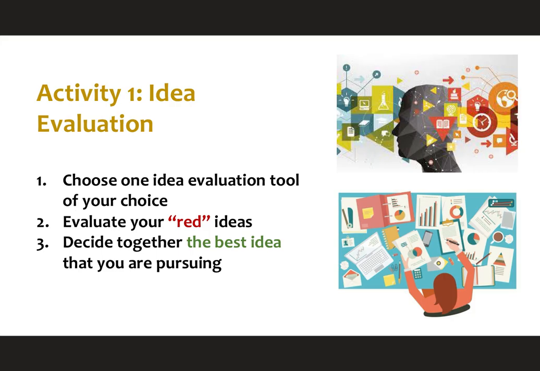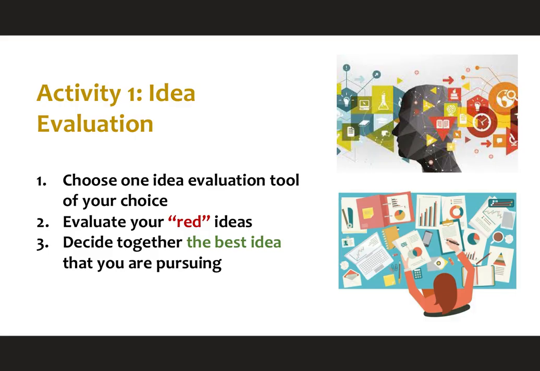For today's activity, there are 3 activities that I would like each group to do. For the first activity, on the worksheet of the class, try to choose one of the idea evaluation tools. Maybe you use the evaluation matrix, you use the pro and con analysis, or you use the last one, SWOT analysis.